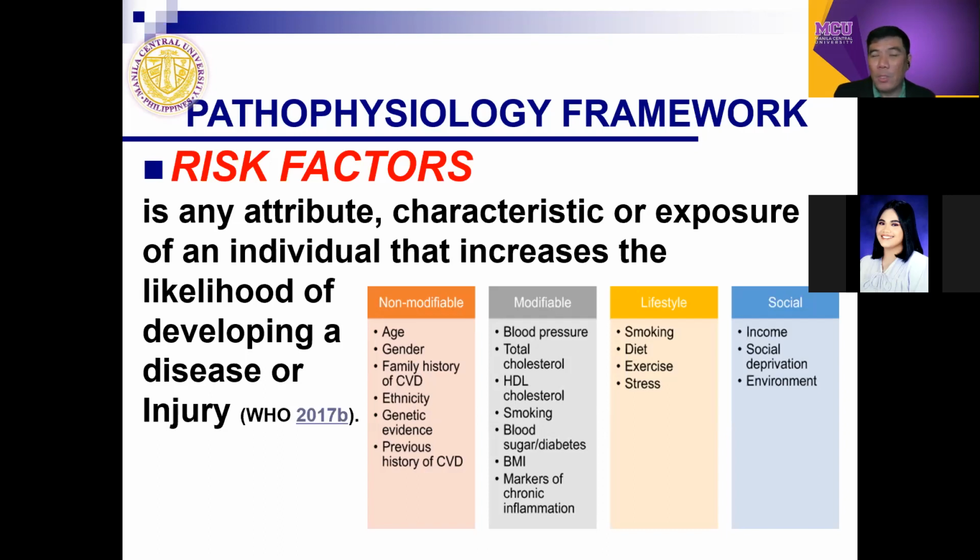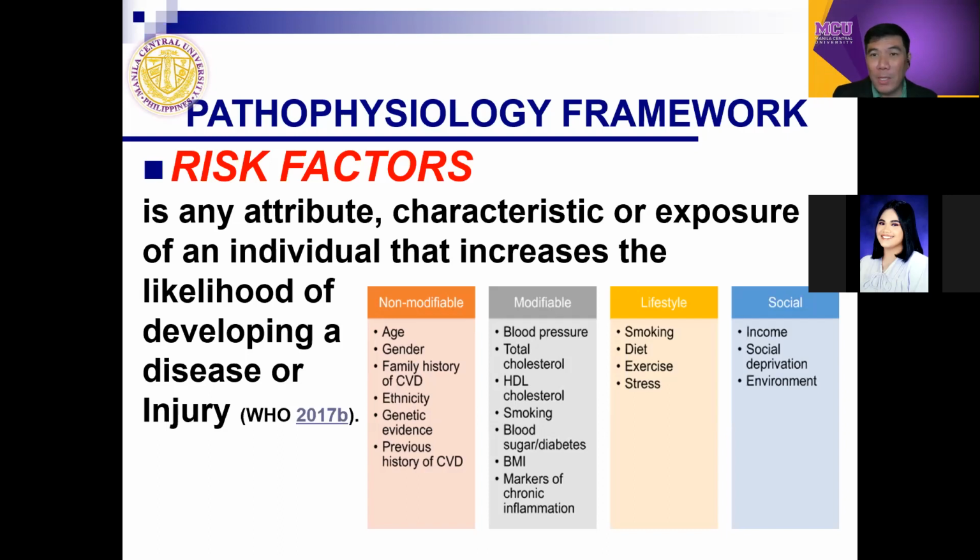For example, a previous history of cardiovascular disorder, where the person already had a heart attack. A heart attack is termed, as I mentioned to you, myocardial infarction. If tissues of the heart already have tissue death, a second heart attack will be an aggravation, because the damage extends to the muscle tissues, and it is a worsening condition.